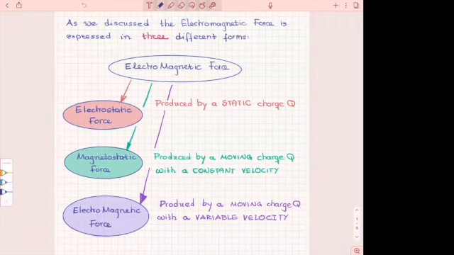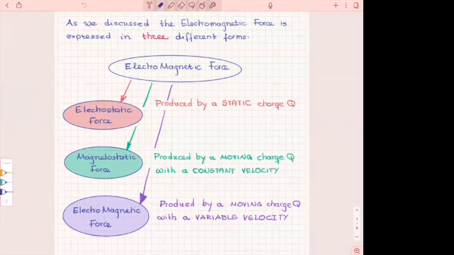Now this charge can be static, so it has the same value and it is in the same point in space and stays there. In that case, the force is called an electrostatic force. Then it can be a charge that is moving with a constant velocity, and then it's called a magnetostatic force.